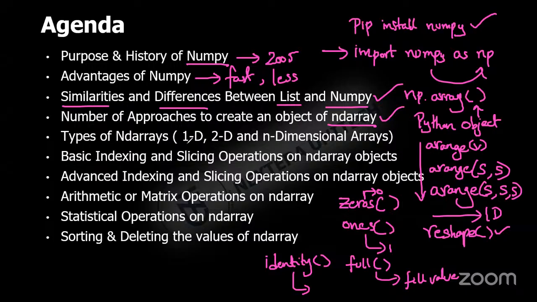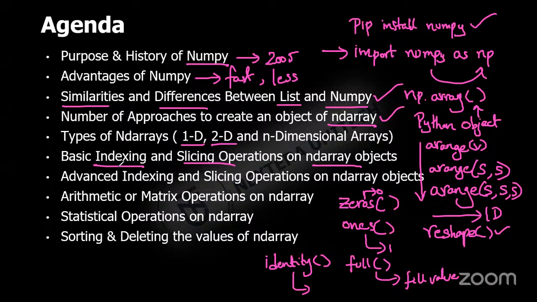Right? We understood 1D arrays, 2D arrays, and we have also understood 3D arrays. So in today's class, we are going to understand how basic indexing and slicing operations are done on ND array objects. Because if you remember the traditional Python objects like list, tuple, set, frozen set, dict, str type, on all these different types we have understood the basic indexing and slicing operations, right?